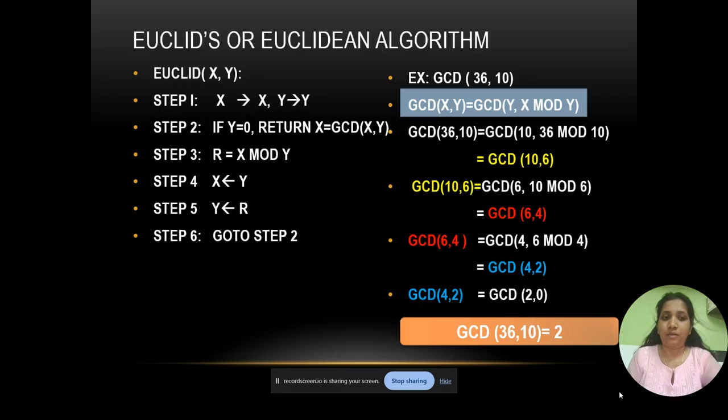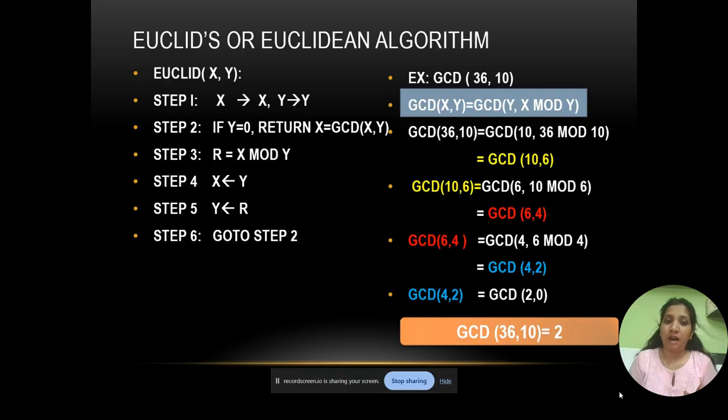Let us see Euclid's or the Euclidean algorithm. The Euclidean algorithm is a step-by-step process to compute the GCD of two numbers. Here is the algorithm for x and y. Step 1, x gets x and y gets y. Step 2, if y equals 0, return x as the GCD of x and y. Step 3, r equals x mod y.